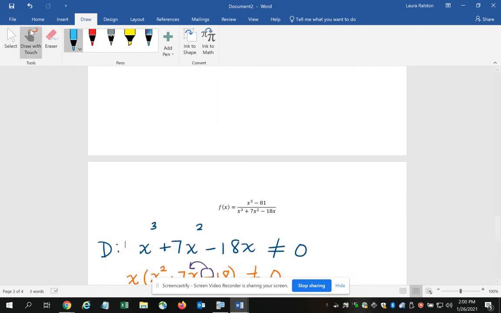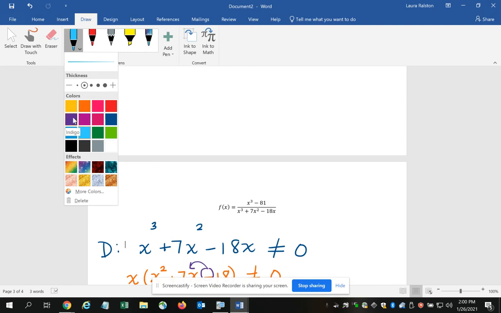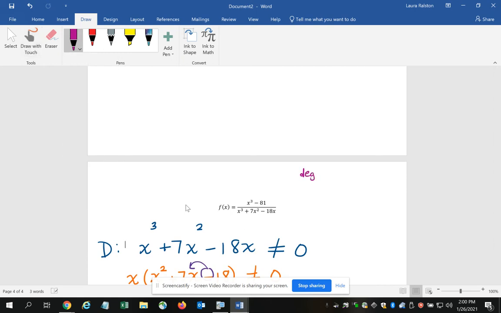Then I'm going to go back and think about my horizontal asymptotes. The degree of my numerator is 3. The degree of my denominator is also 3.